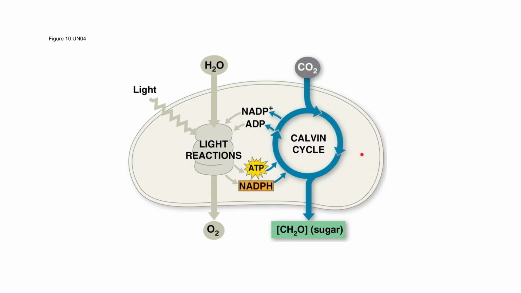The Calvin cycle takes place in the stroma. It is going to use both ATP and NADPH that was generated from the light reactions in order to drive its own reactions. It's also going to require carbon dioxide, and the product that the Calvin cycle is going to make is going to be sugar, or that food source for the plant.